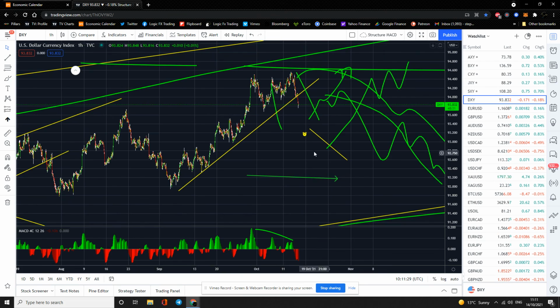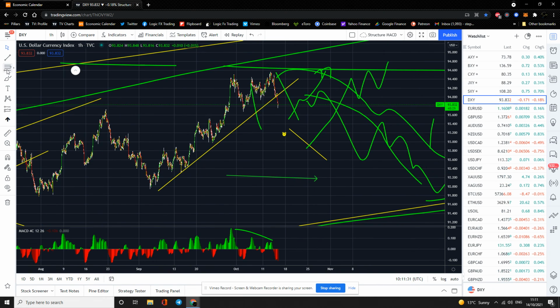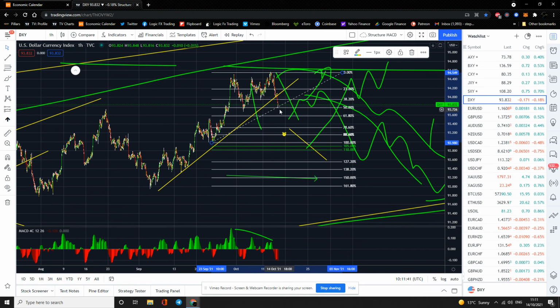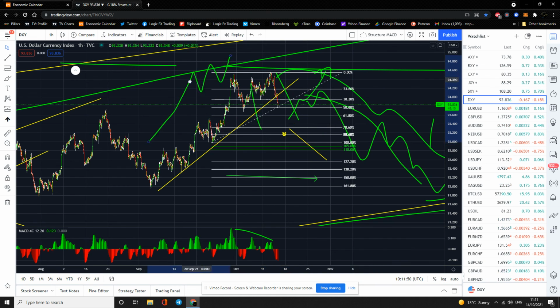Often what we say about ending diagonals is that they can retrace 50%, guys, of the impulse up. So if I'm going to call this the impulse, well, you know what? For me, that's the impulse from there. 50%, bang on. Because that's all one wave, guys. And that's what we're trying to look for.